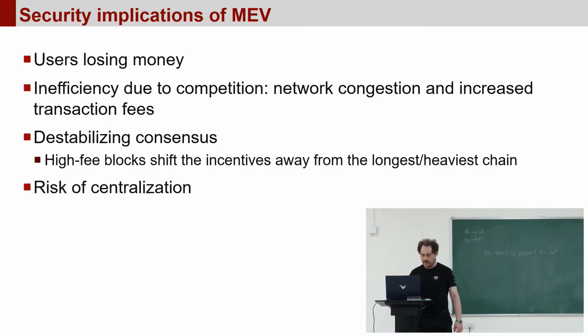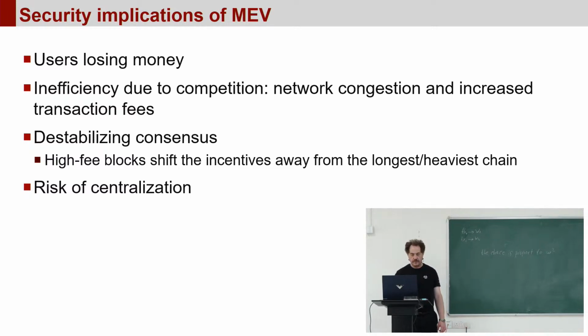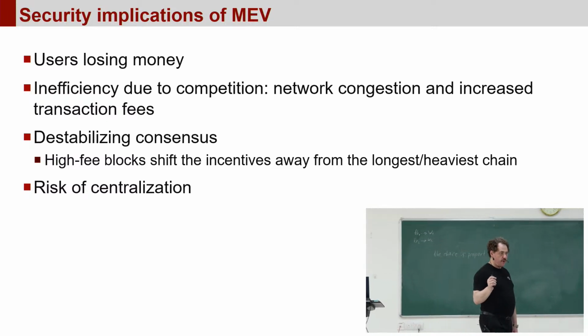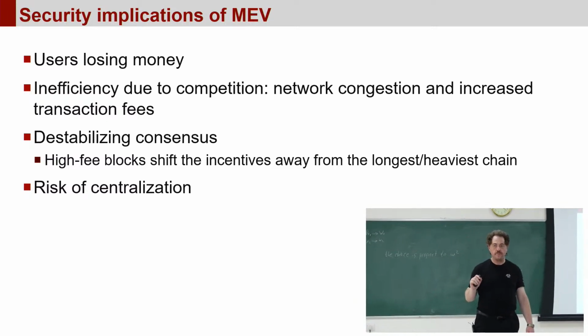Not only this, it has been shown that MEV can also destabilize the consensus algorithm. So what's the reason why everyone adopts the longest chain in Bitcoin? Why does no one want to violate the longest chain rule?